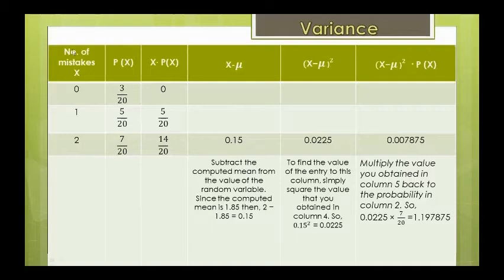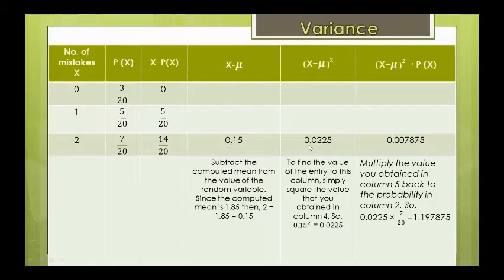Let us try to solve yung third entry natin sa first column, which is the value of the random variable is positive 2. Now, nakuha na natin ang mean, which is 1.85. So, for the fourth column, anong gagawin? Subtract the computed mean from the value of the random variable. So, since the computed mean is 1.85, then 2 minus 1.85 is equal to 0.15. So, isusulat natin dito sa fourth column natin.